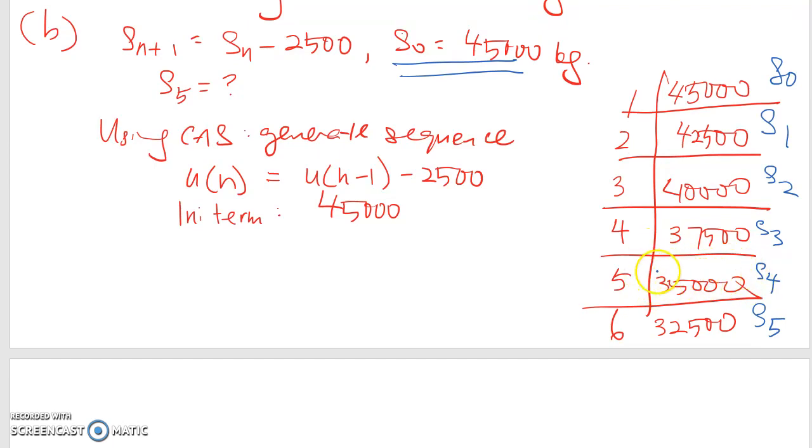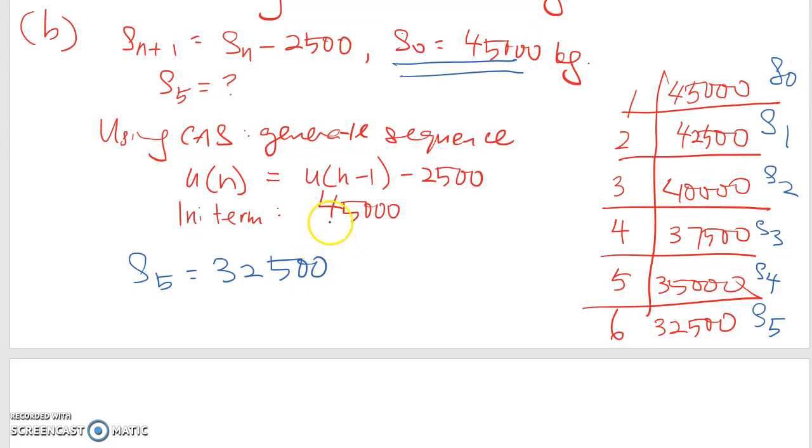This fifth number is not the answer, because this is actually S4, because we're starting the whole sequence at S0. So that's not the number. This here is the number. That's S5. So we're going to write down here that S5 is actually 32,500.